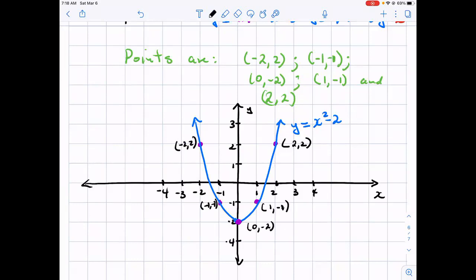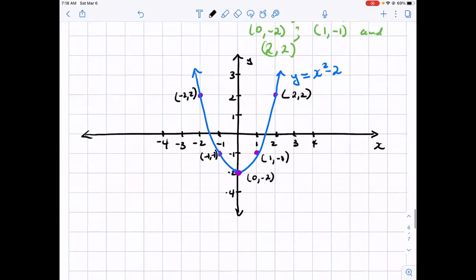So you will notice that when it is a curve, sometimes you have to plot a lot of points, too many points, as we'll see. And sometimes the points can be confusing, or you only get a piece of the graph.